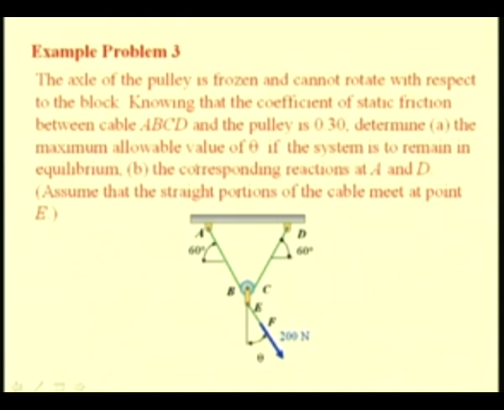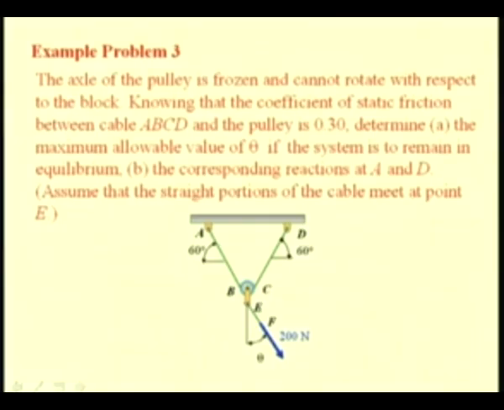On the other hand, we are also interested to find the corresponding reactions at A and D. So, we assume that the cables meet at this point E for this configuration. This is just an assumption for solving this problem.